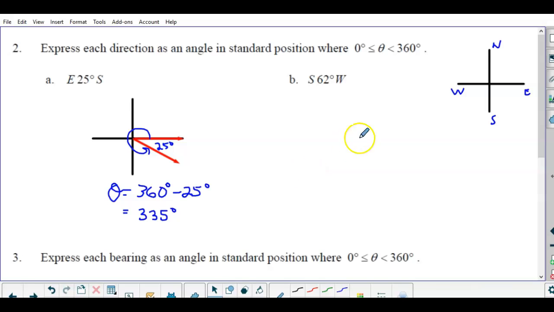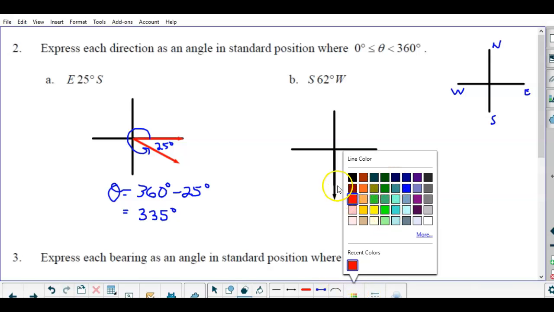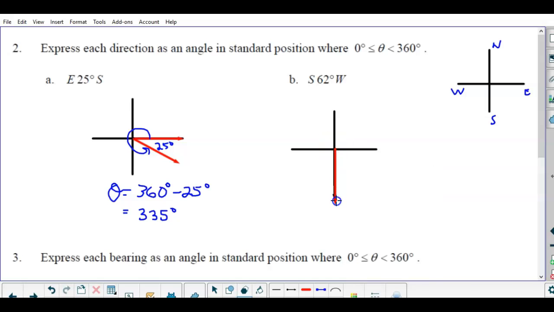Okay, next one, if we draw the same, there, and there. Now if we think about going south, and then rotating that 62 degrees west, okay, so that's going to be 62 degrees west.